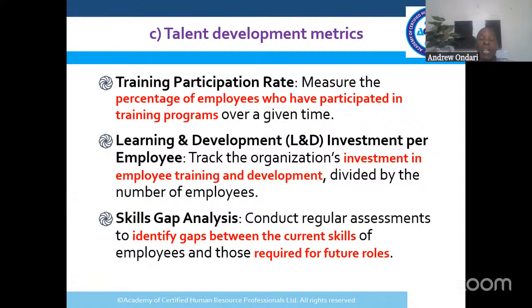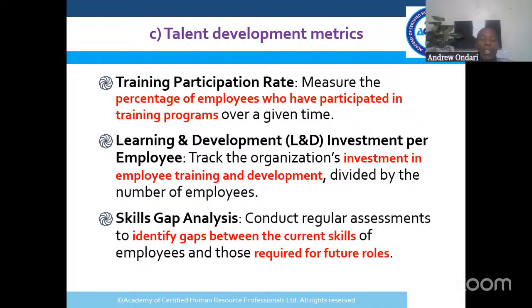So the earlier we arrest a problem, the better for us, because at the end of it all, we must be responsible for the performance of the HR function. Are we supporting the organization to achieve its objectives? And that's precisely the reason why we do an audit of all these functions, including talent development.